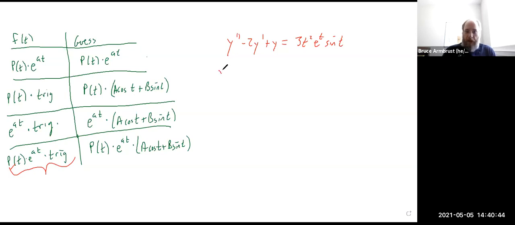All right, so let's start building our particular guess. We need a polynomial of the same degree, so that's going to be at squared plus bt plus c. But then we need to have our e to the t. And we could slap another letter on there, but it's not necessary because whatever that number is could get multiplied through, right?